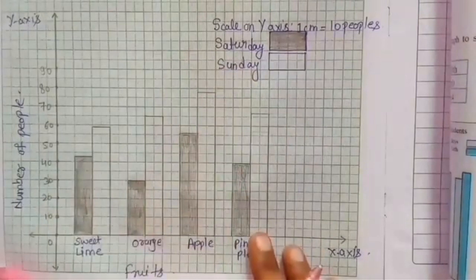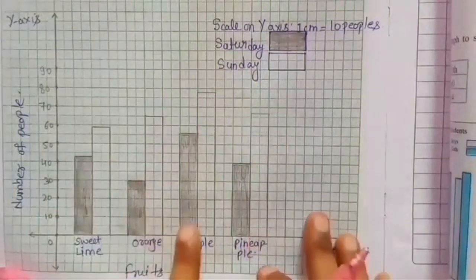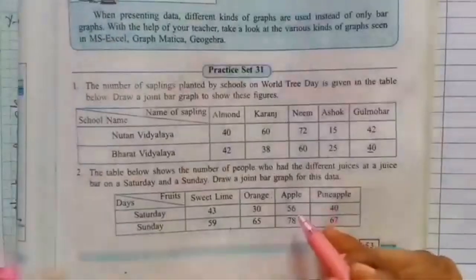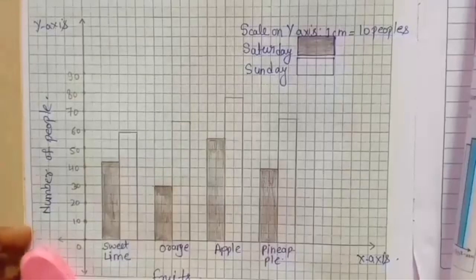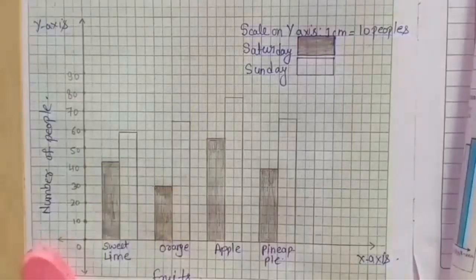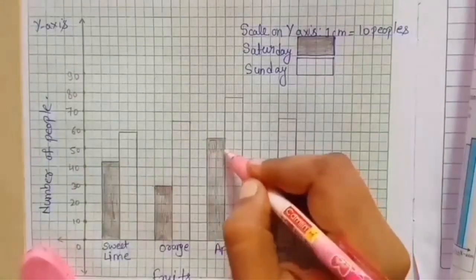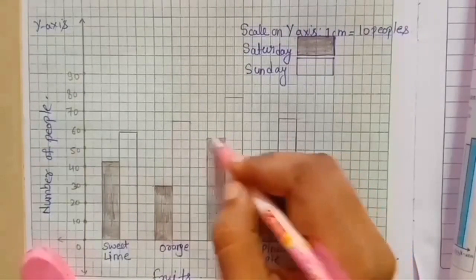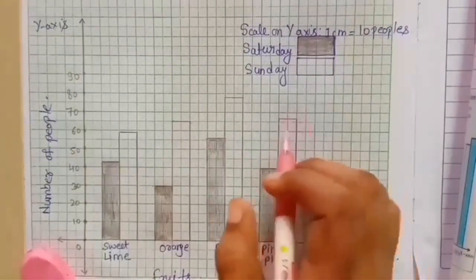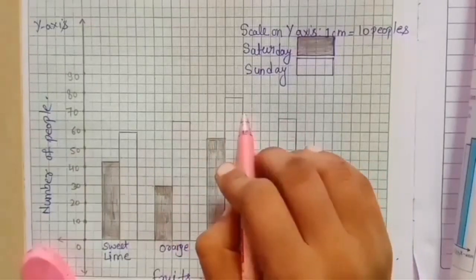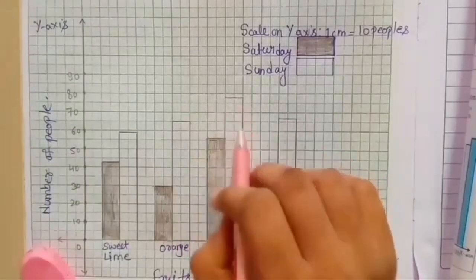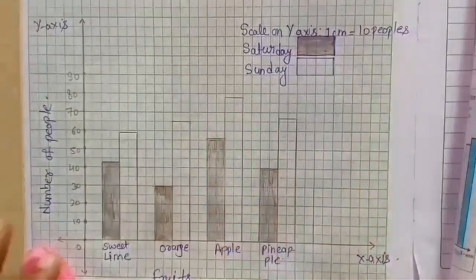Now third information they have given us about apple, that is 56 for Saturday and 78 for Sunday. So for 56 you will count extra 6 lines above 50 and you will mark 56 for Saturday, and for 78 you will count extra 8 lines above 70 and you will mark 78 for Sunday.